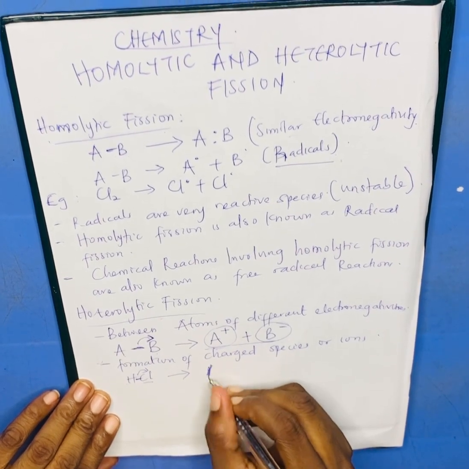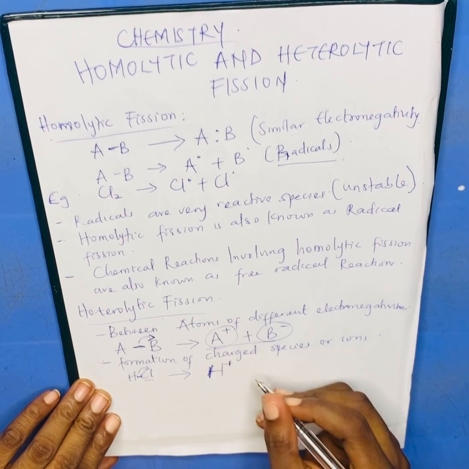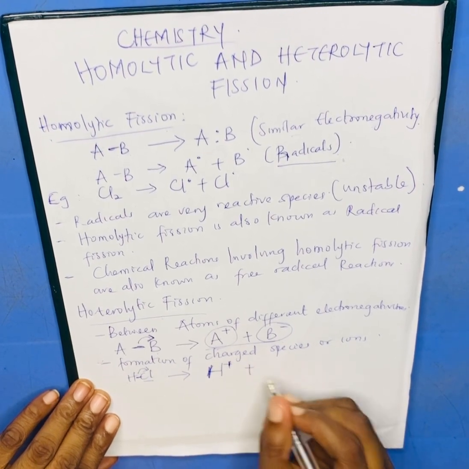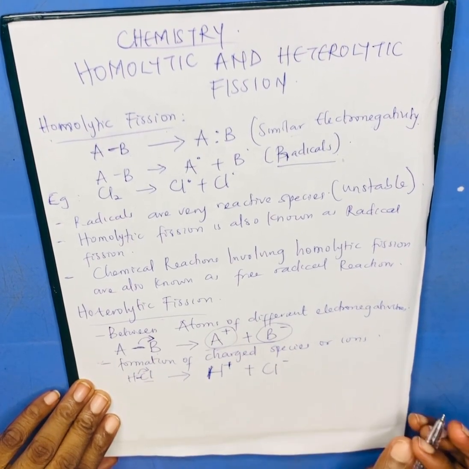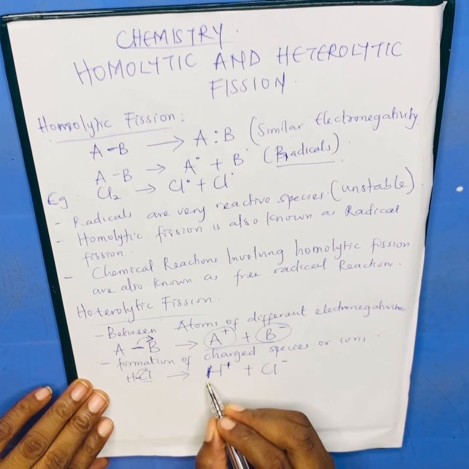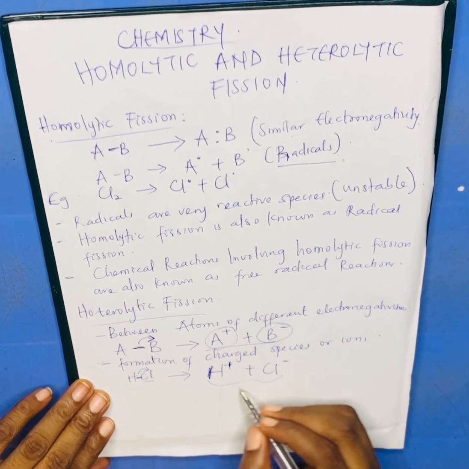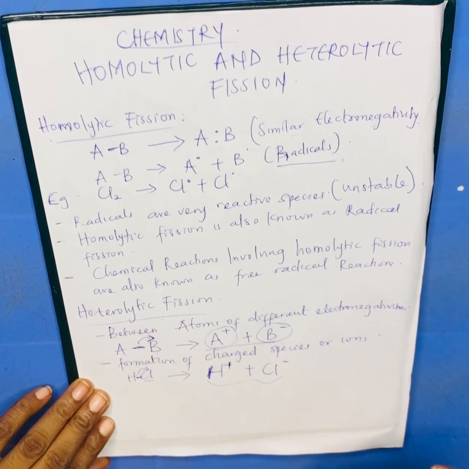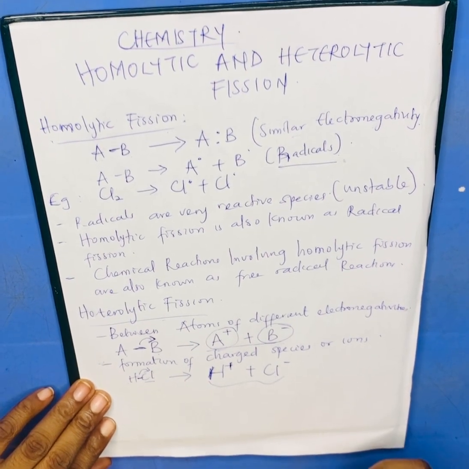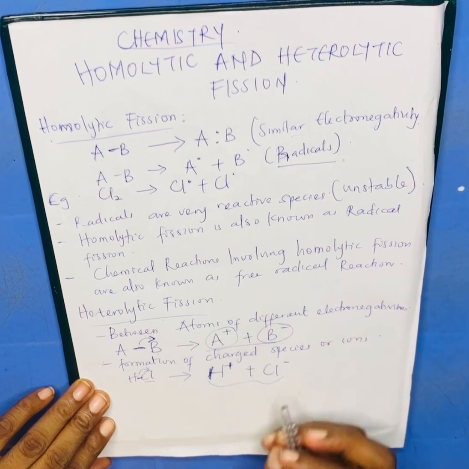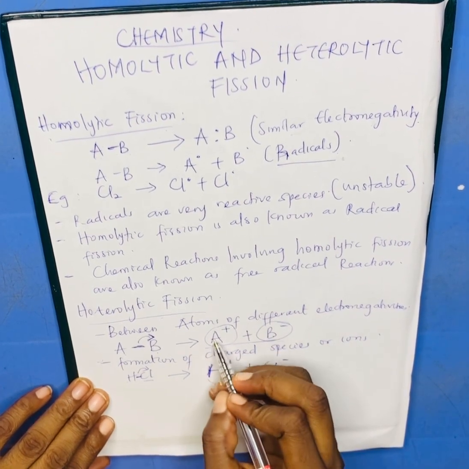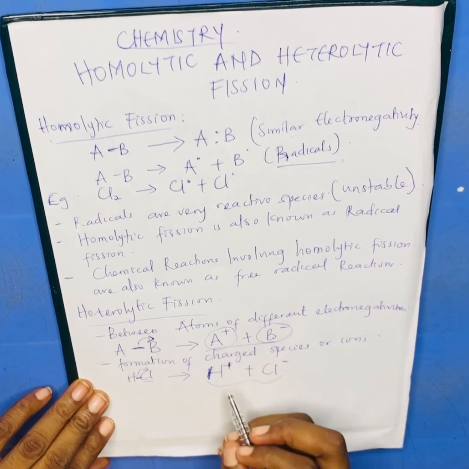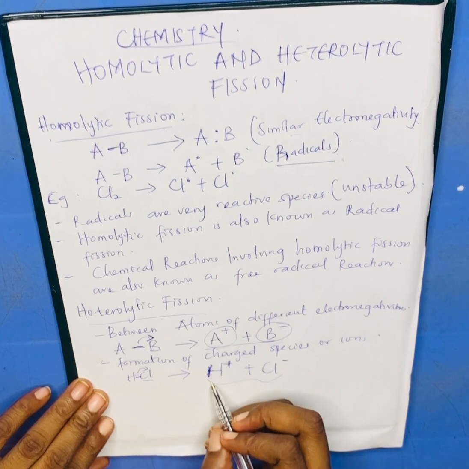And so hydrogen will be left with a positive charge and chlorine now has the electron, so it will be left with a negative charge. So these are the charged species or ions that are formed from this reaction. I hope that we understand. So here B is more electronegative than A. Here chlorine is more electronegative than hydrogen.